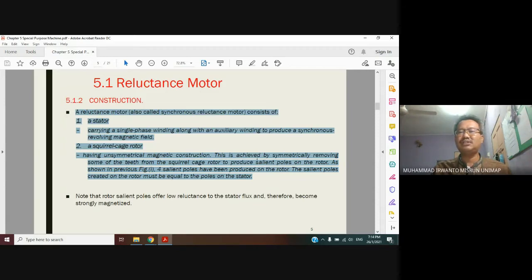This is achieved by removing some of the teeth from the squirrel cage rotor, which produces salient poles on the rotor, as shown in the previous figure.